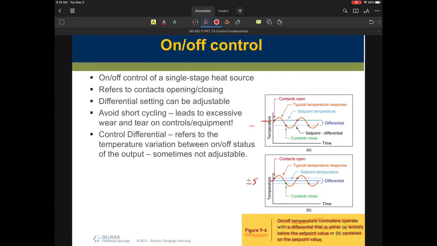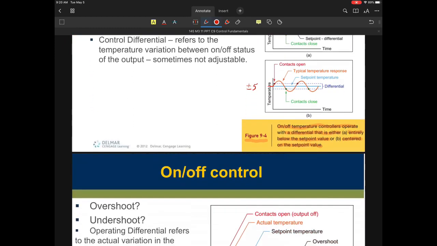Now, in this one here, your set point might be the blue line, and then of course your differential in this case maybe would be minus 10 degrees. And if it's 10 degrees colder than that, as an example, then that would trigger the action. So what you're looking at is how much variation occurs between when it turns on and when it turns off.